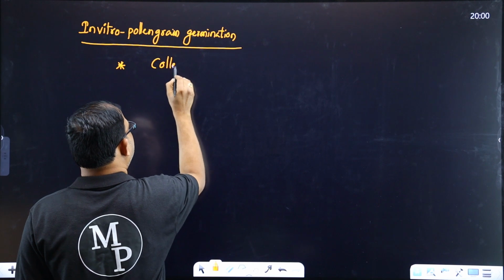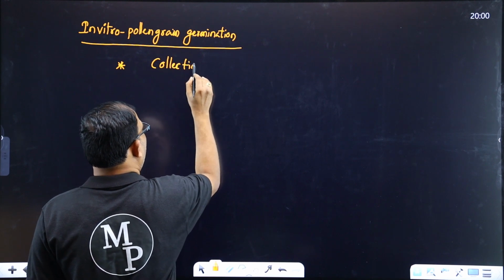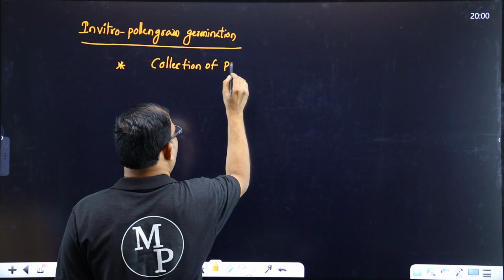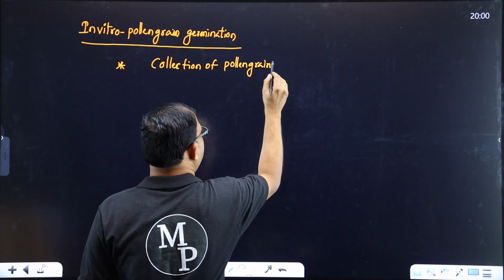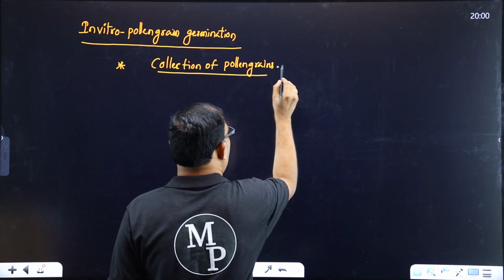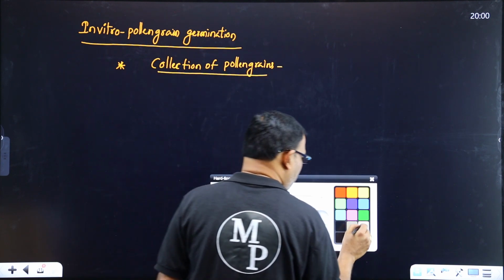Collection of pollen grains from where? From the plants now.